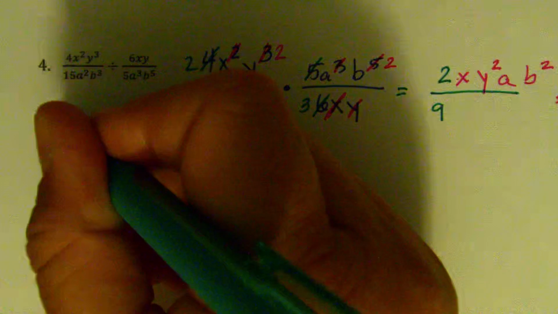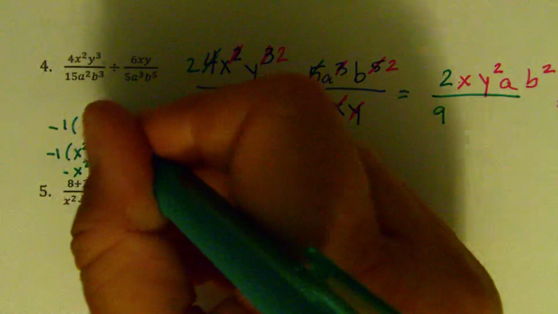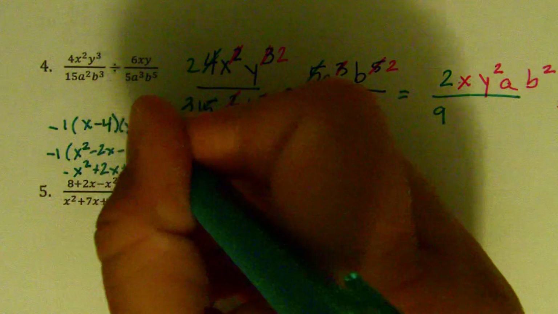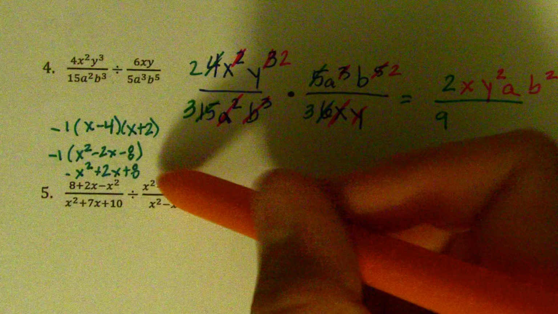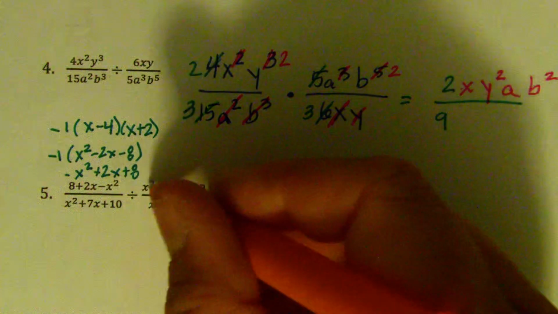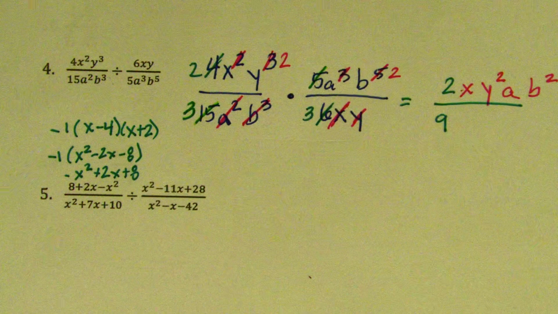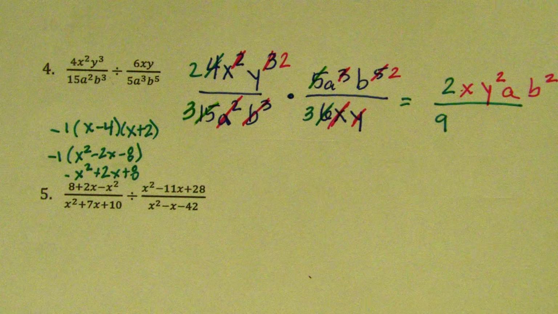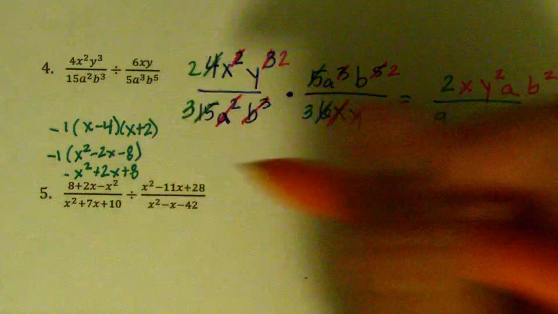So that negative 1 out front and factored would be x minus 4 and x plus 2. I will still color code things here. This top one here is x squared minus 11x plus 28. And I think I made these almost the same as the previous example just to make it easier.